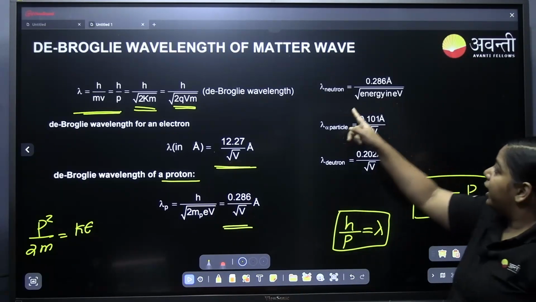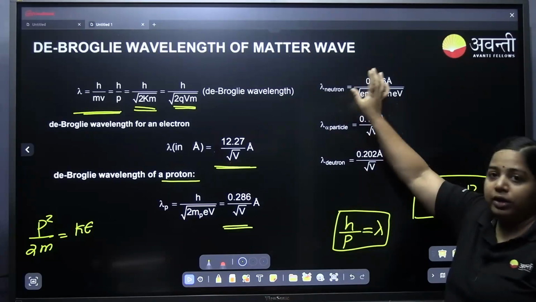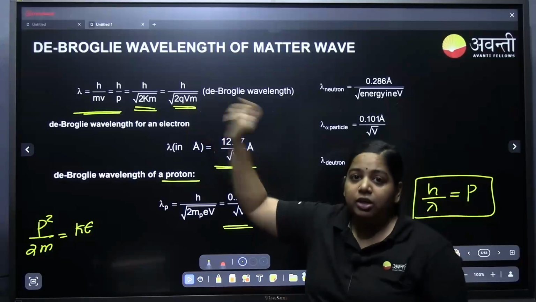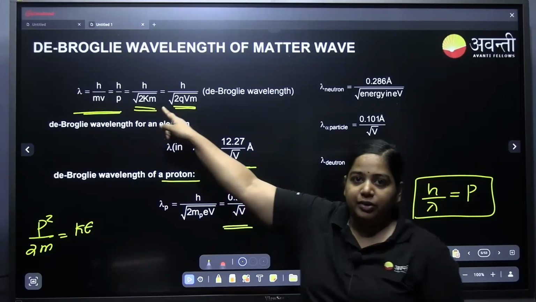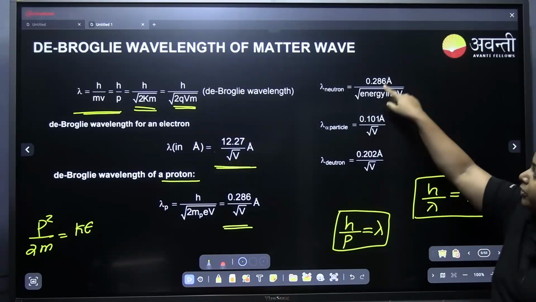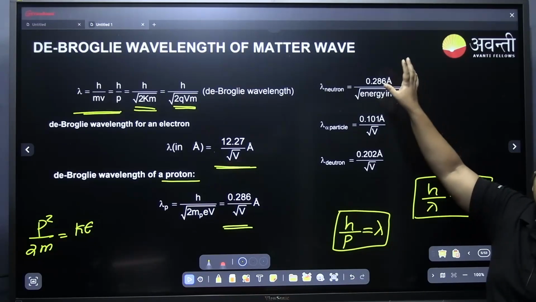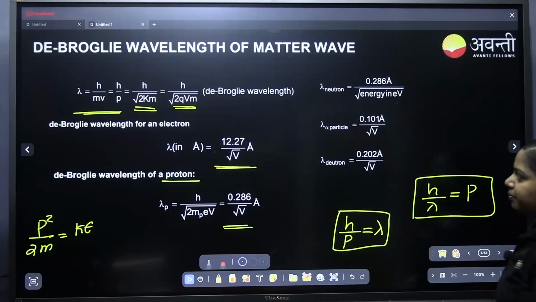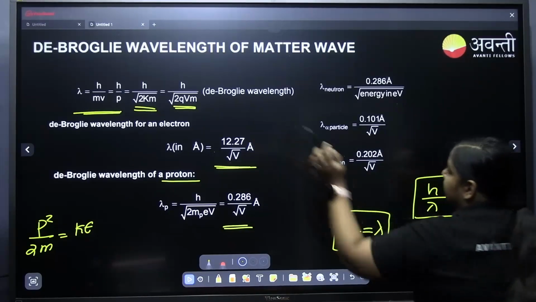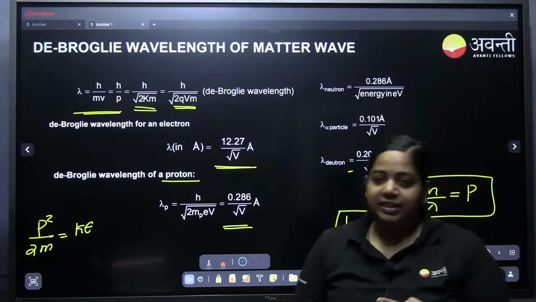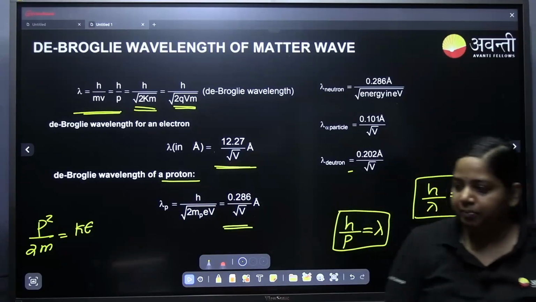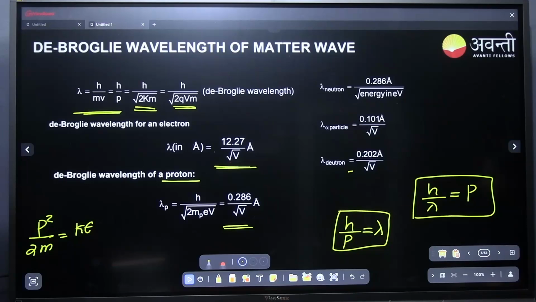Then for neutron and alpha particle: a neutron cannot be accelerated in a potential, so for a neutron this formula is not valid, but this formula we can use, with the energy of neutron and other values calculated as a constant. For alpha particle, this formula is valid. Deuteron also, that formula is valid. Neutron does not have a charge, that's why this formula is not valid for it. Is there any doubt in this? Okay, if not, let's move on.